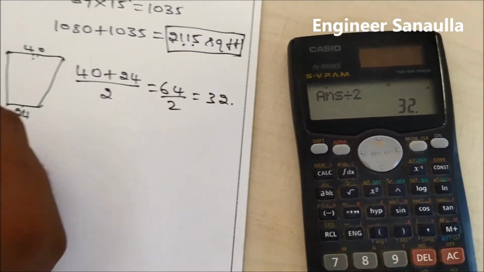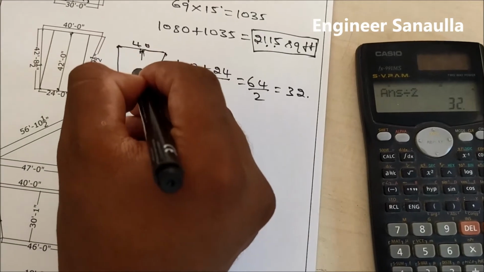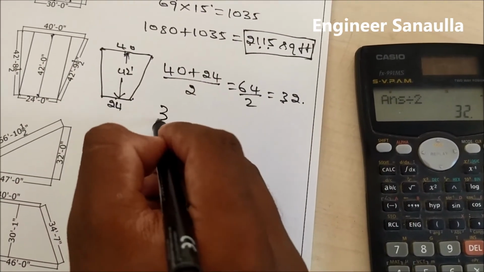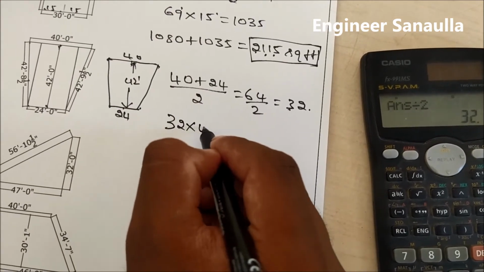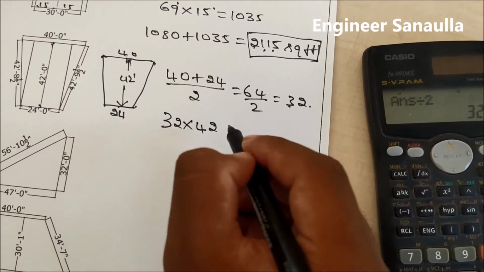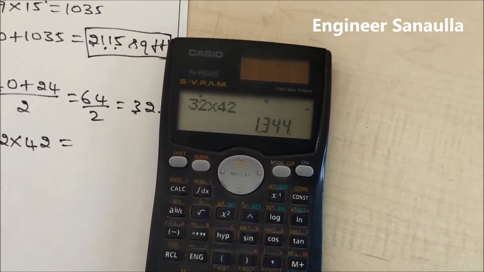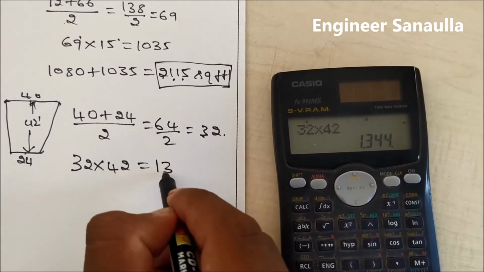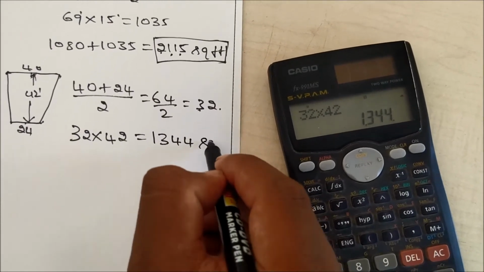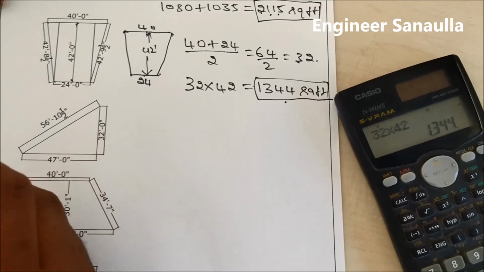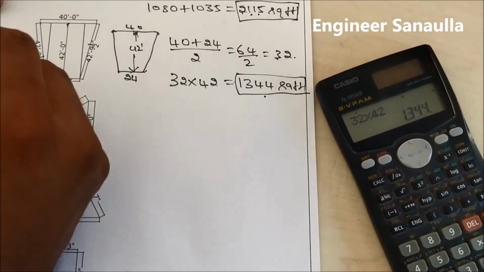And the mean length here is 42 feet. So 32 into 42 will come 1344 square feet. Now we will go to the next plot.